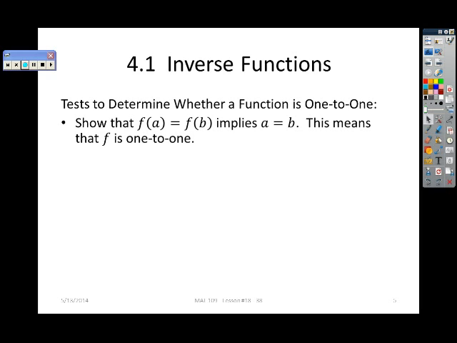The odd degree may be, they may not be. Straight lines, unless they're horizontal, are one-to-one. With a horizontal line, you draw a horizontal line there and it intersects more than once. A vertical line is not a function, but anything else is a one-to-one function.